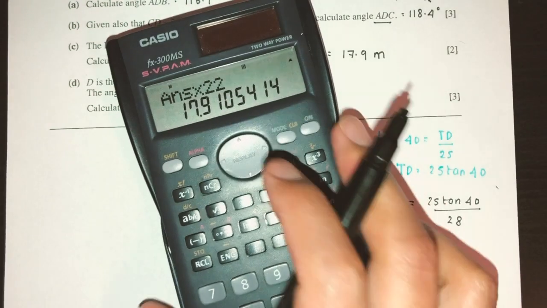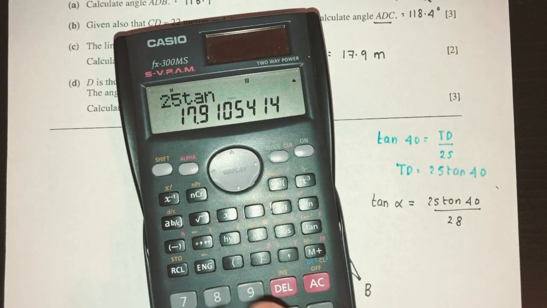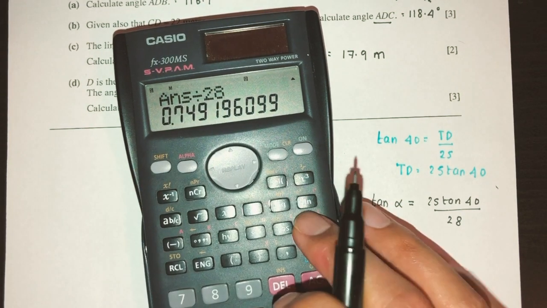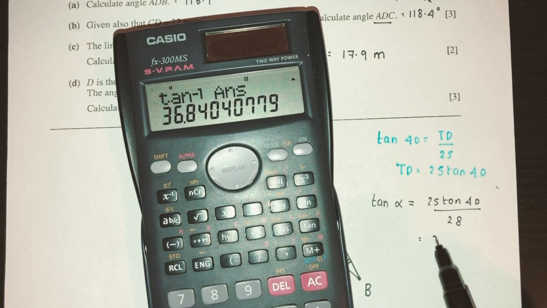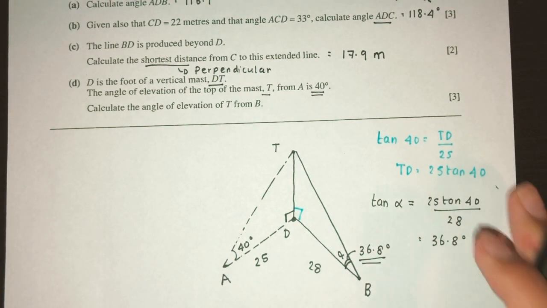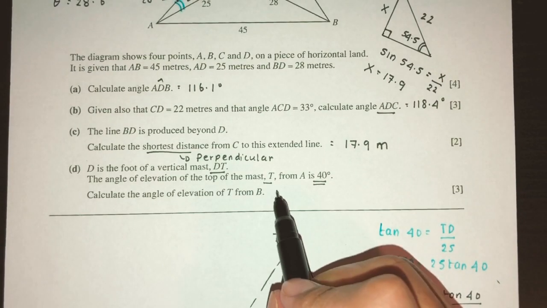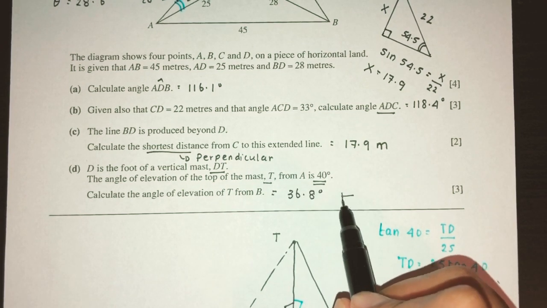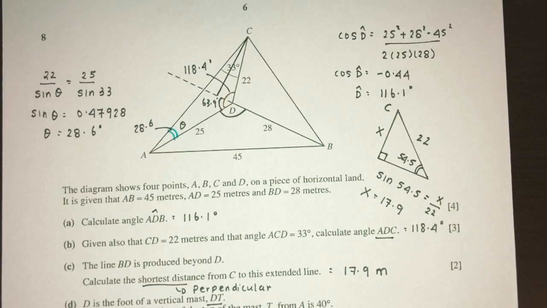So let's find out. 25 tan of 40 divided by 28, this value, tan inverse, that will be 36.8. That will be your answer for this angle, the angle of elevation from B. That will be your question number 8.